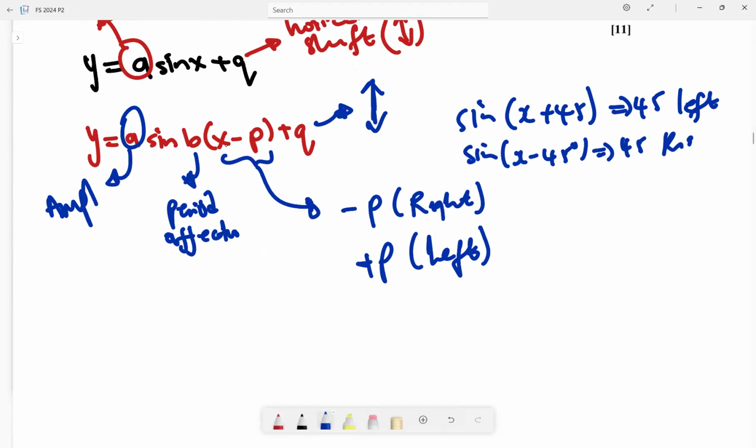Why? Because x minus 45 equals 0 gives x equal to 45, which is positive, so it moves to the right. Similarly, for the other one, you'll get a negative answer, therefore you have to move in the negative direction.